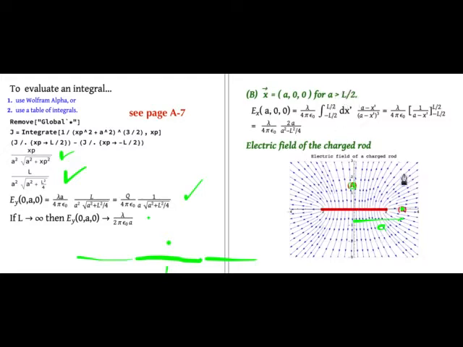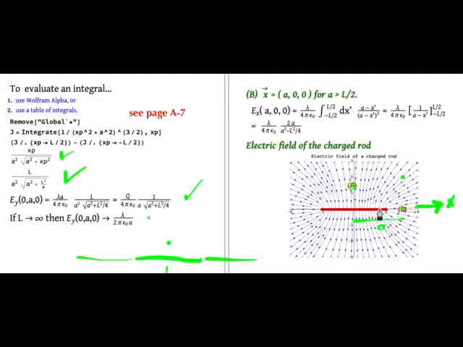Well, you can see from the symmetry of the problem, the electric field will be in the x direction. So we just need to calculate E sub x at the point (a, 0, 0). And it's lambda over 4 pi epsilon 0 times the integral from minus L over 2 to L over 2 of dx prime. And now the numerator is a minus x prime.